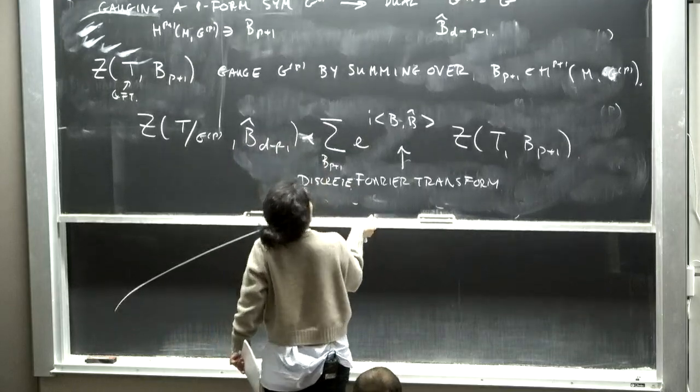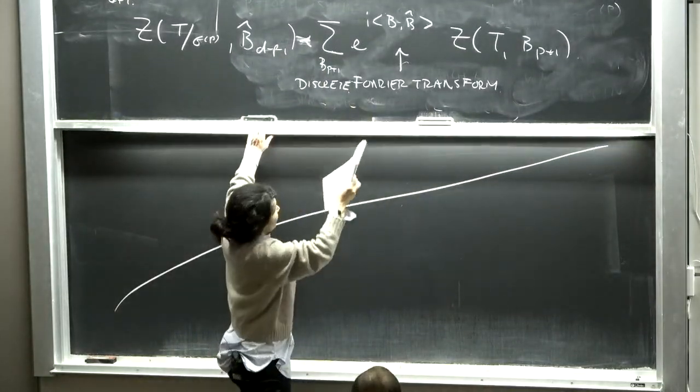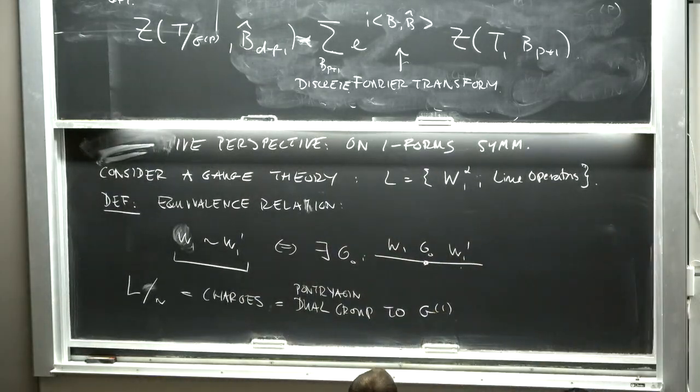And one question, of course, is why is this a well-defined thing? And what is this pairing on b and b hat? That's naturally given by the following argument.